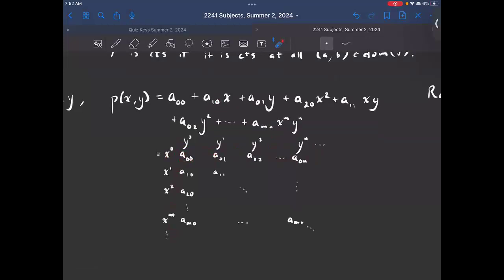For three variables, you have what's called a tensor, which is like a big three-dimensional, four-dimensional, whatever matrix of coefficients. But this is just a very convenient way of organizing these things together. And so this is a polynomial function in two variables.